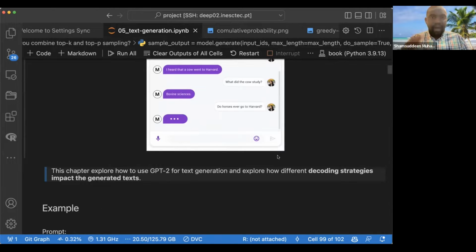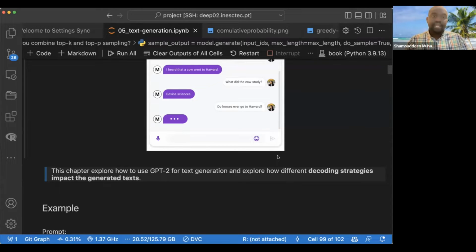So the purpose of this chapter is to show how to use GPT for text generation and explore different decoding strategies that have different effects on text generation. One of the most important things in text generation is the selection of the decoding strategy you use, because that will have an impact on the text being generated.